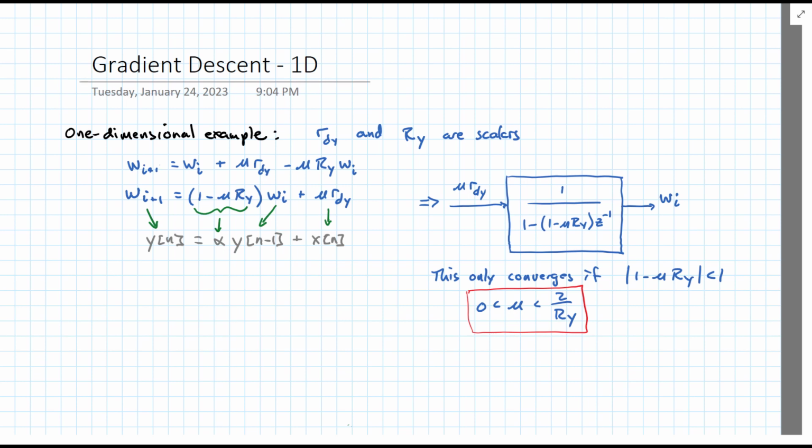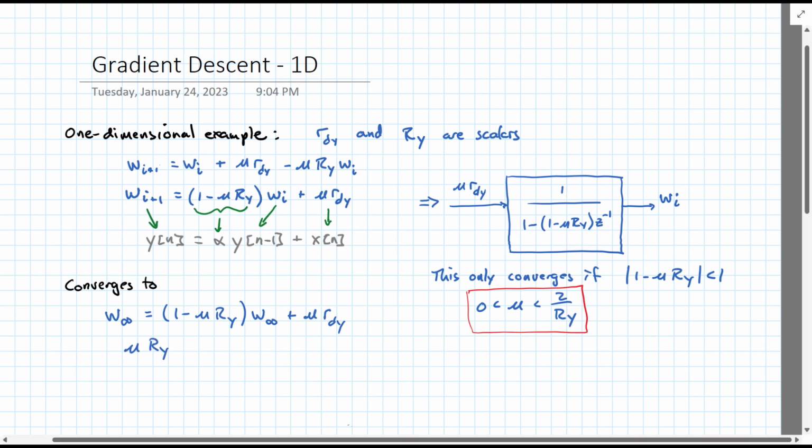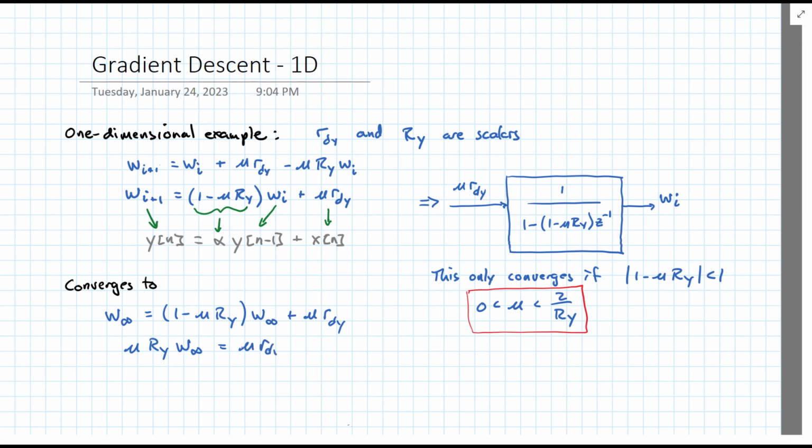So we can now pick mu so this converges. The question is, what does it converge to? Well, we know that at i equal to infinity, w infinity is going to be a fixed point if it's converged. If this is the case, then the w on the left and the w that's multiplied by the 1 on the right are going to cancel, leaving us with just mu ry w infinity is equal to mu rdy.